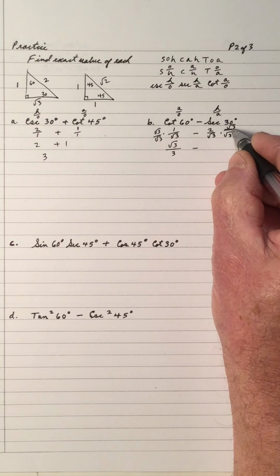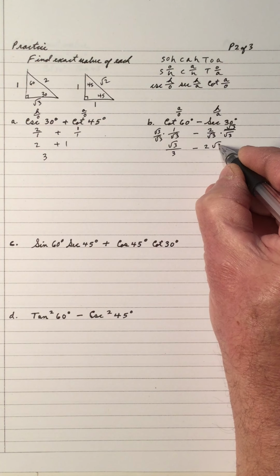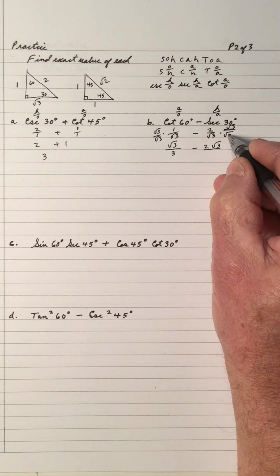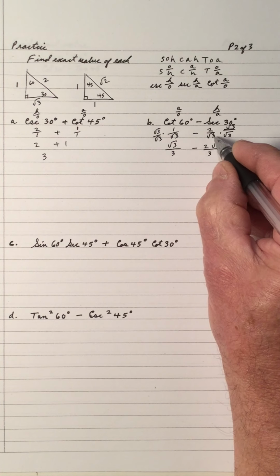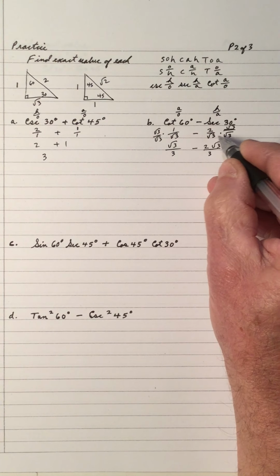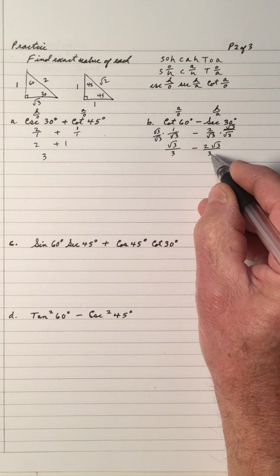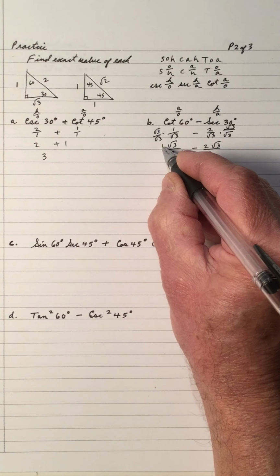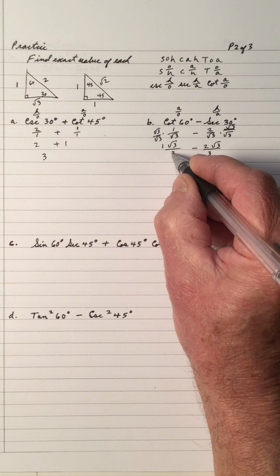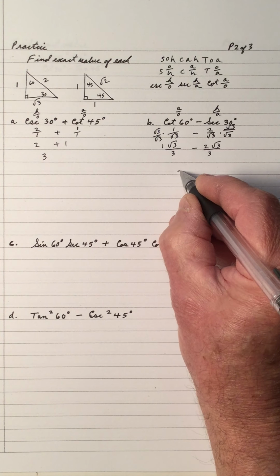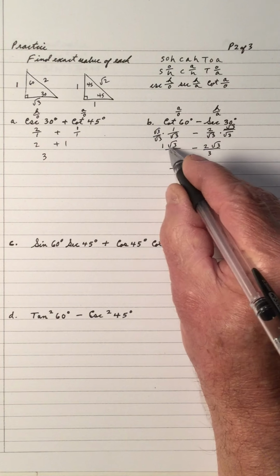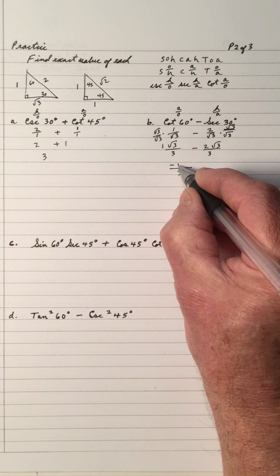Subtract. 2 times root 3 is 2 root 3. Root 3 times root 3 is a 3. Remember, when you multiply a square root by itself, you get that same number. And so that's a 1 root 3 over 3. So the common denominator is 3. And 1 subtract 2 is a negative root 3.